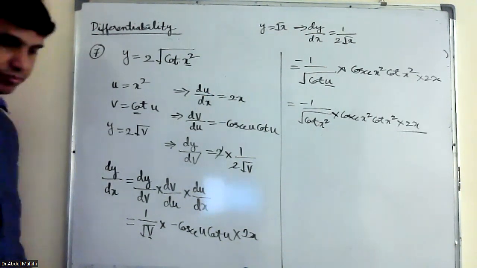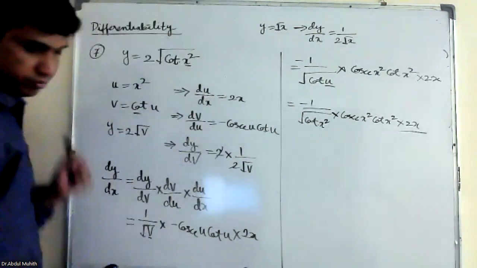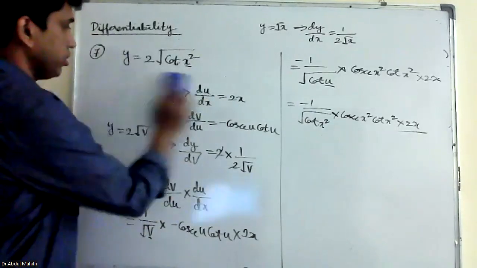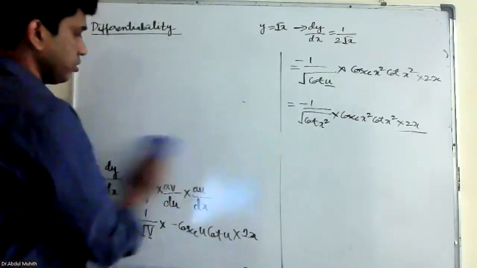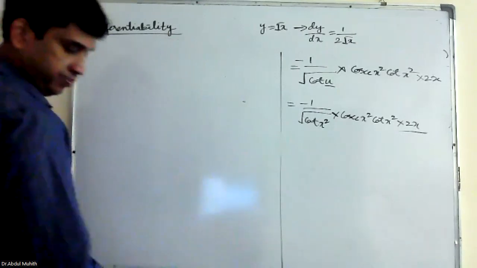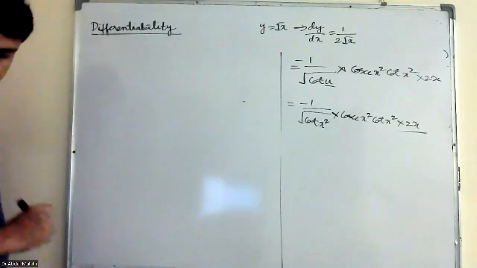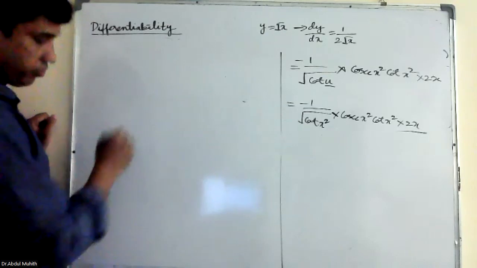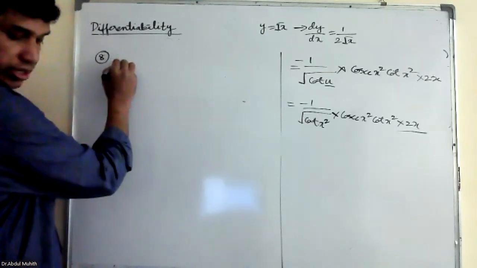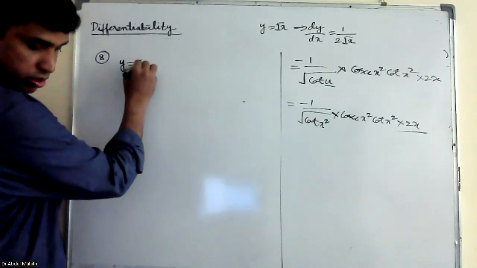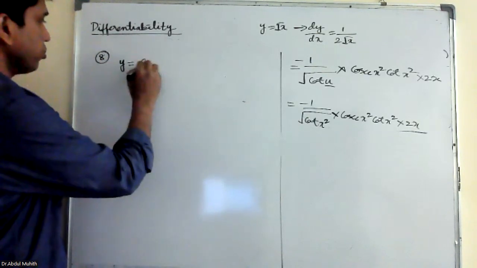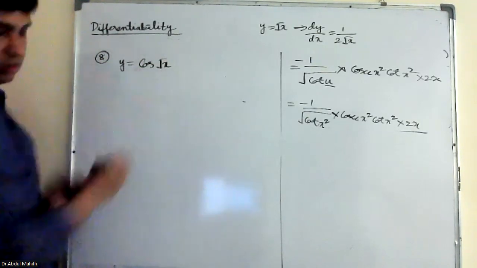Cos root x. Okay, we'll do the next question. Will you try that cos root x question on your own? Yeah, sure. Eighth question, right? y is equal to cos root x. Try this question.